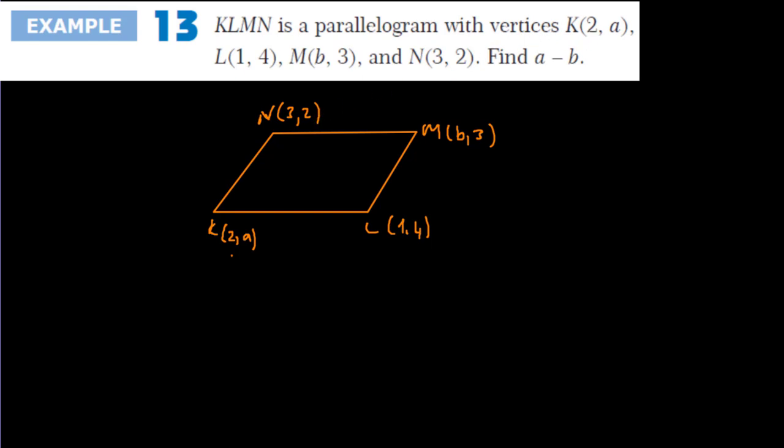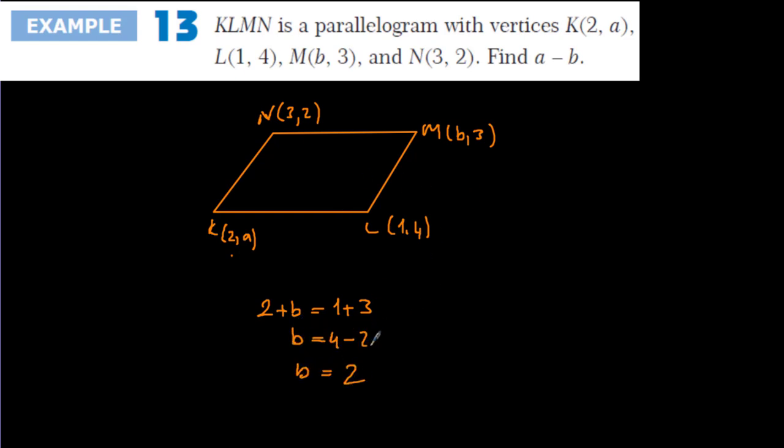So x1 plus x3 should be equal to x2 plus x4, which means that 2 plus b should be equal to 1 plus 3, so b is equal to 4 minus 2, b is equal to 2.